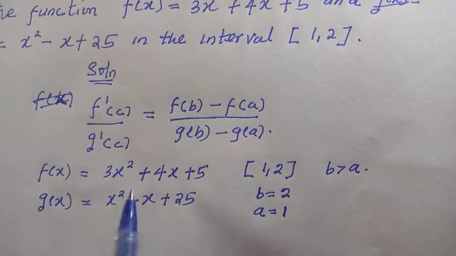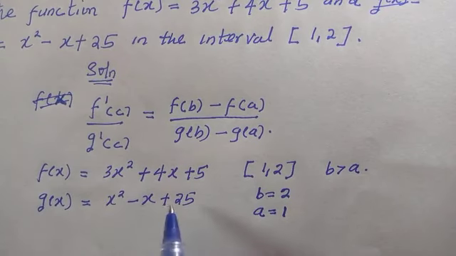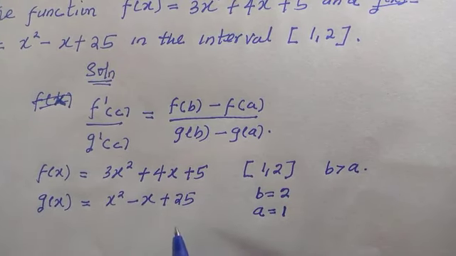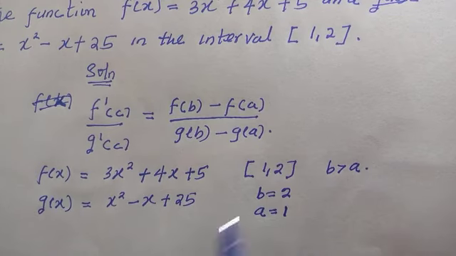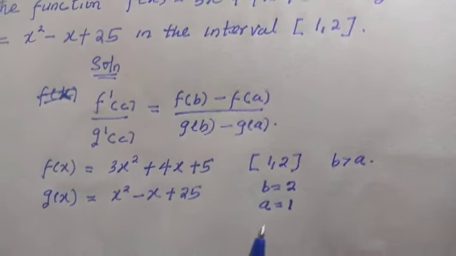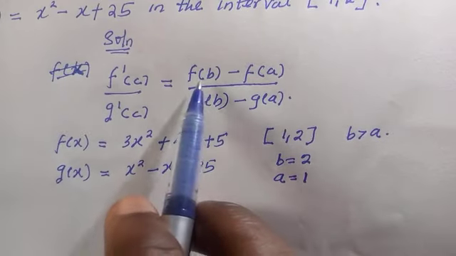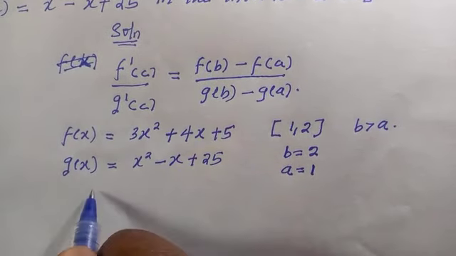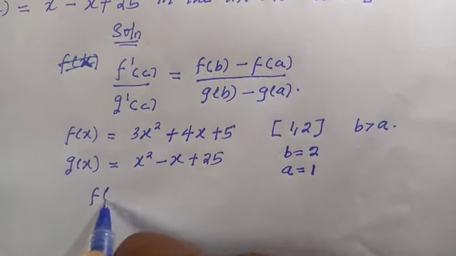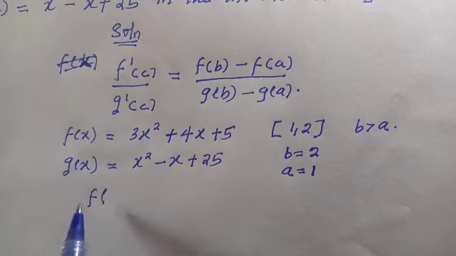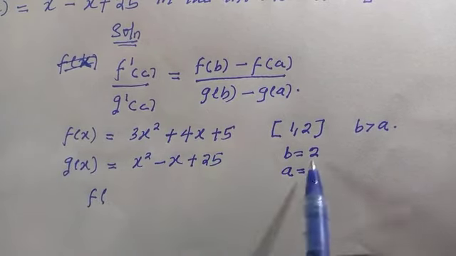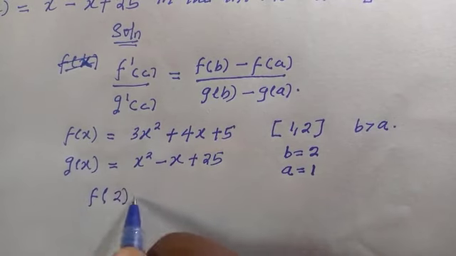All right, so now let's find all these 6 data, that is f of b, f of a, g of b, g of a, using this interval b and a. To start with f of b, that is f of 2, it must follow the formula of f of x.